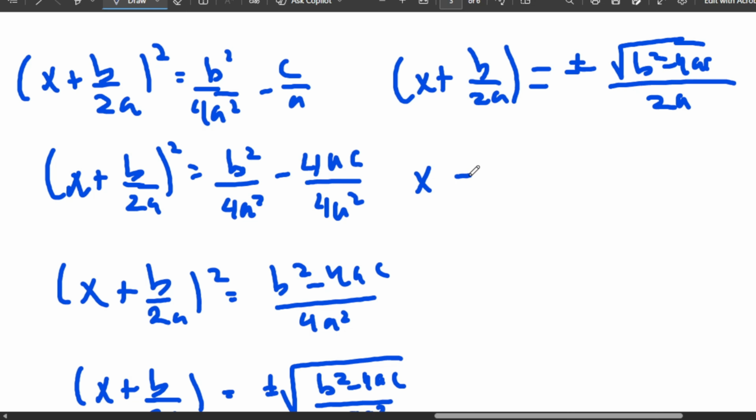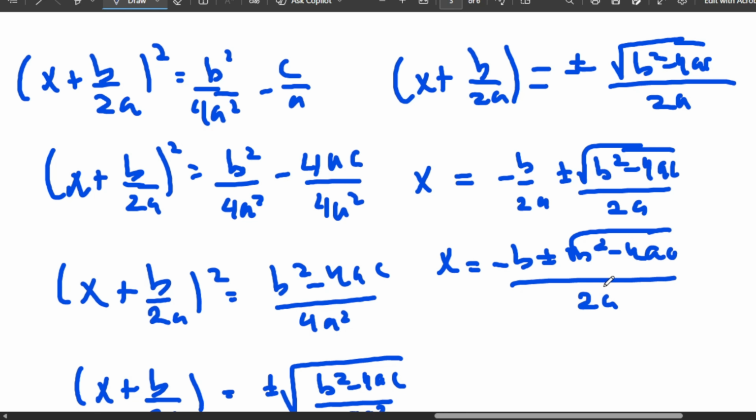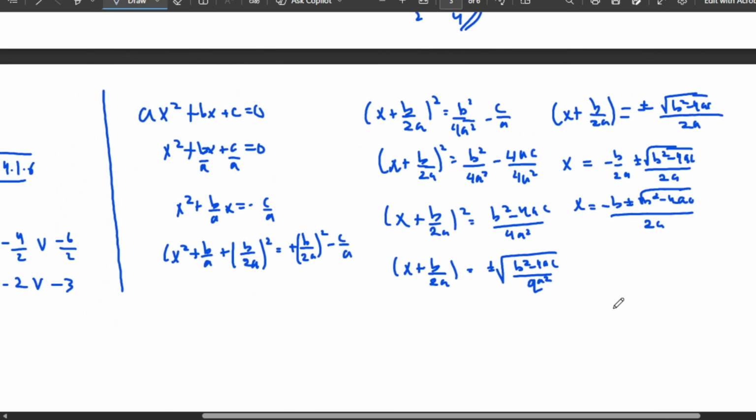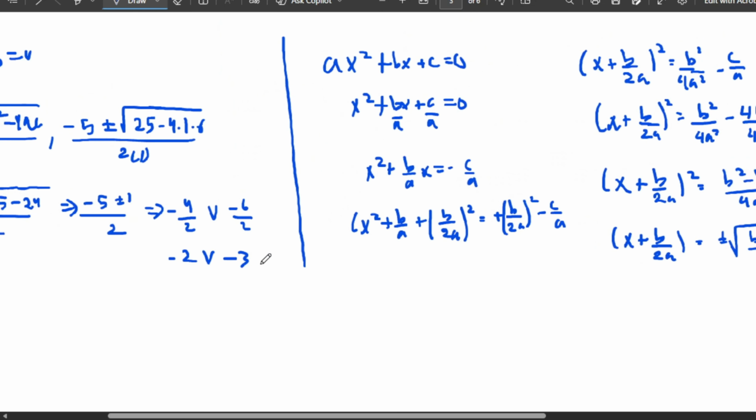Move this term out, we have negative b over 2a plus or minus the square root of b squared minus 4ac over 2a. So x equals negative b plus or minus the square root of b squared minus 4ac over 2a. Okay, hence we got the quadratic formula.